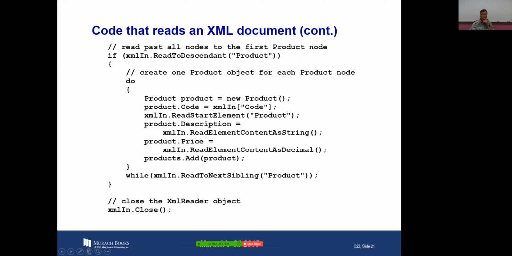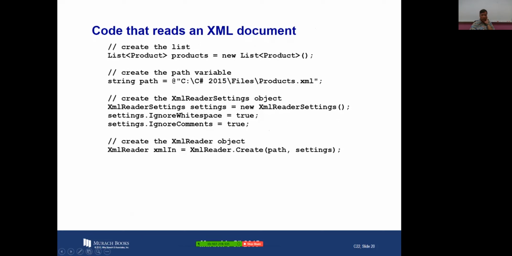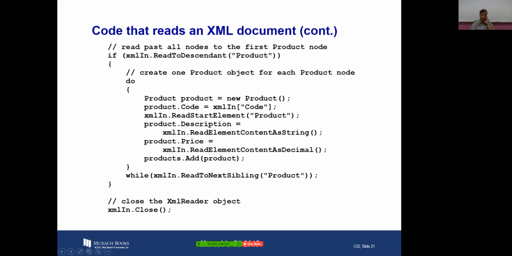And then this reads all the way to the end, to the last product. It's called product. Create one product object for each product node. So for each one we read, we create a new product object.